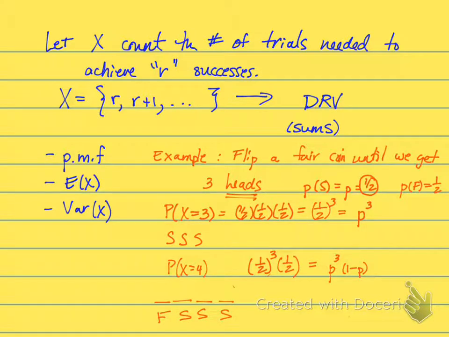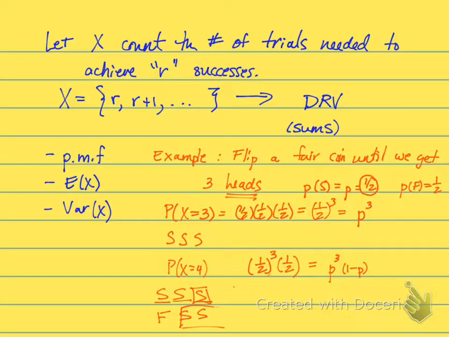We may be tempted to say, well, I have 4 slots and I want 3 of them to be S's, but that's actually not true. Because what that counts includes this scenario, S, S, S, in which case you would stop because we stop when we achieve the 3rd success. So this wouldn't fall into the 4 camp, it would fall into the 3 camp.